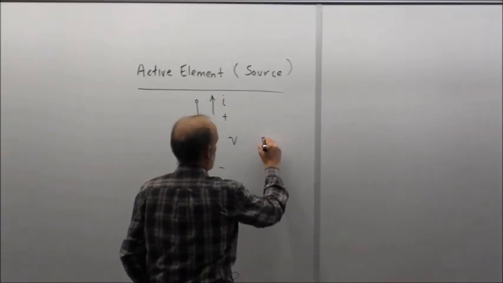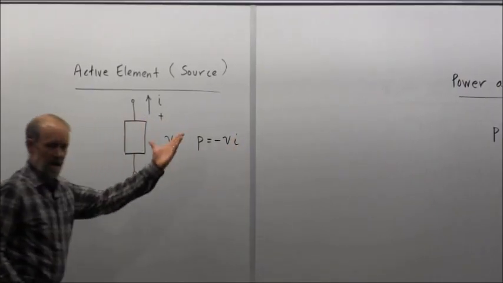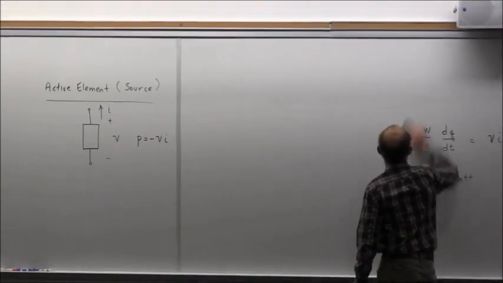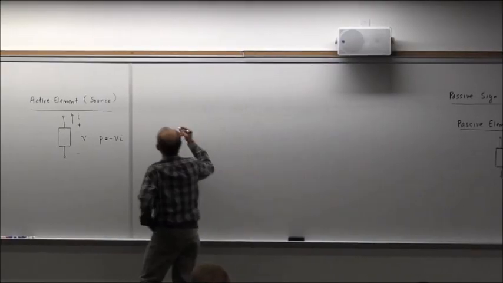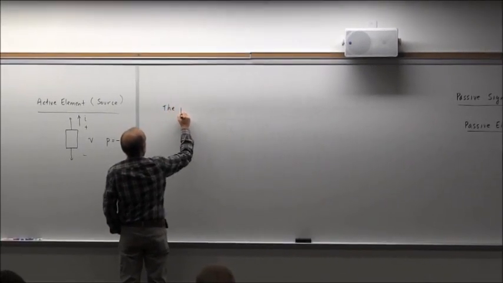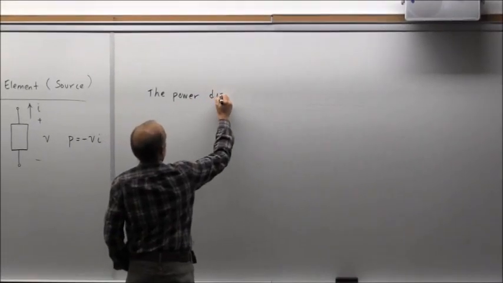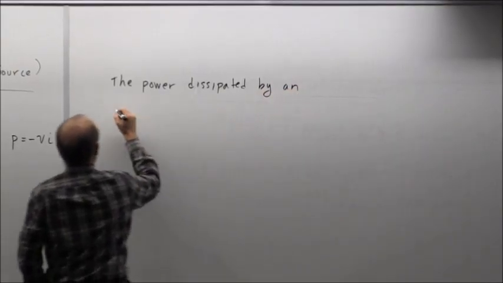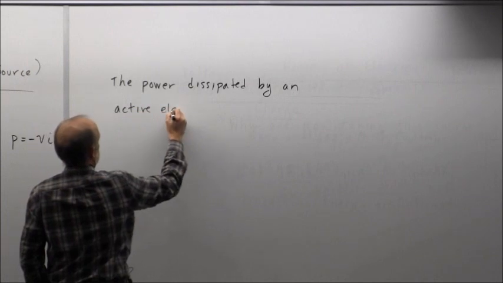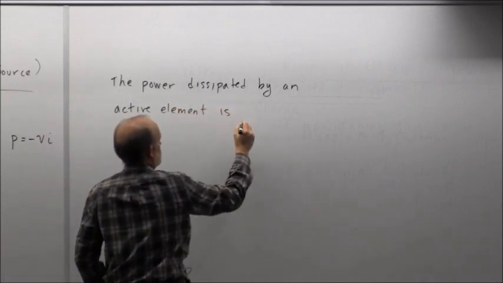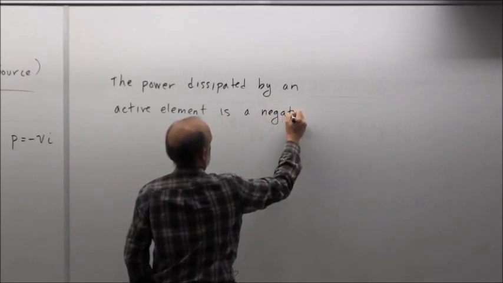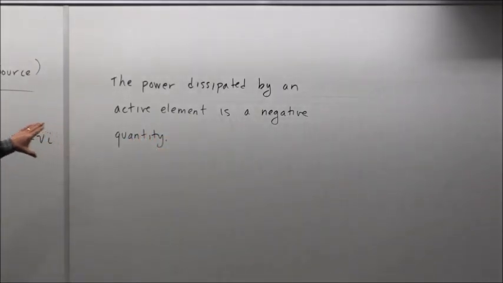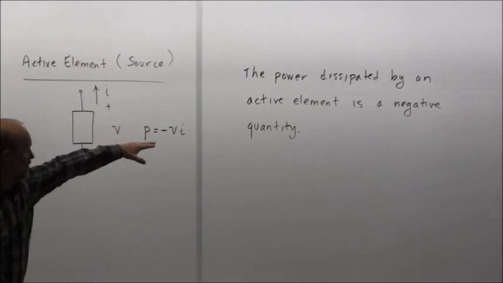And we will compute power as negative V times I. And then some wording to go along with that. The power dissipated by an active element is a negative quantity.